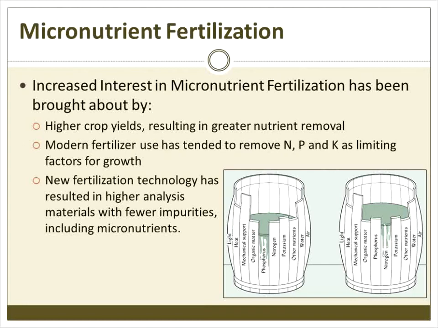Well, now we have nitrogen-only fertilizers or phosphorus-only fertilizers, in the case of something like triple superphosphate. We have these high analysis, relatively pure fertilizer sources that are not going to be providing us those contaminant nutrients that are actually needed at small levels, those micronutrients.